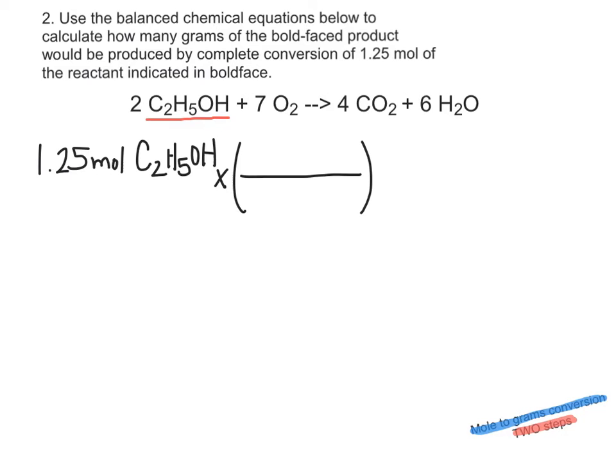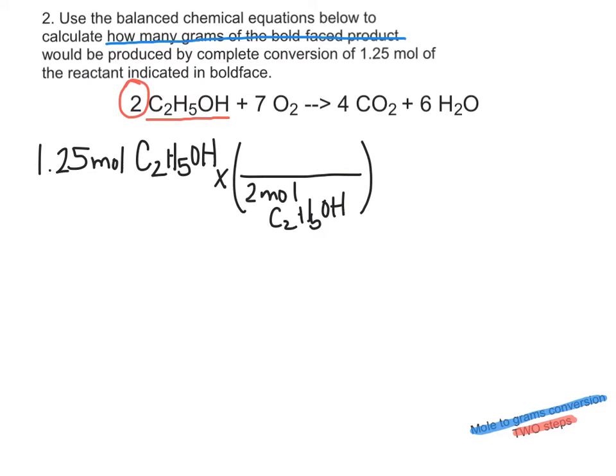So to cancel moles, remember we have to look to our balanced chemical reaction. And so we're going to identify that we have 2 moles of that reactant. So I'm going to put that on the bottom so we can cancel it. 2 moles of C2H5OH.